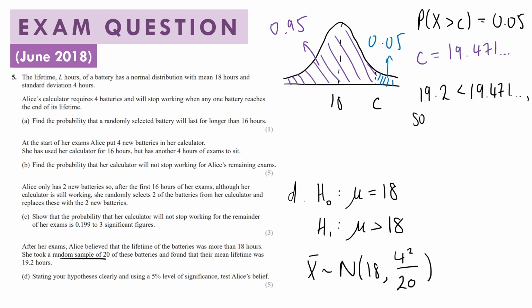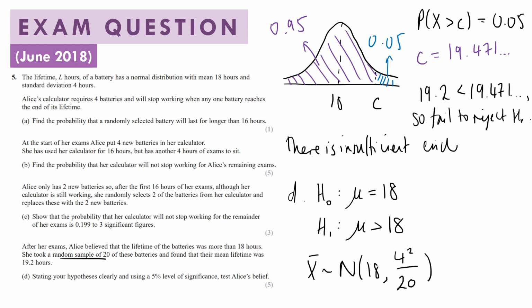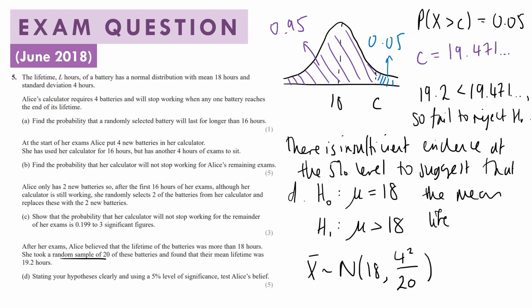So we fail to reject H0, and we can conclude that there is insufficient evidence at the 5% level to suggest that the mean lifetime of the batteries is greater than 18 hours.